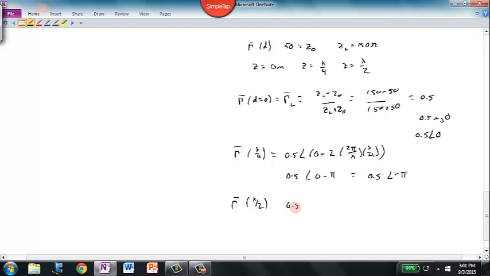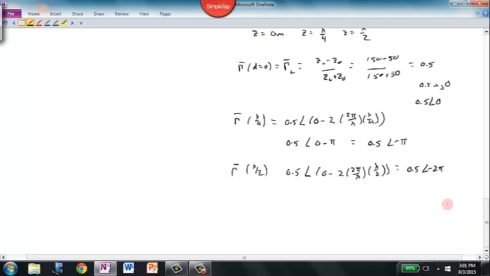That's going to be 0.5 at an angle of 0 minus 2 times 2 pi over lambda, which is just beta, times our distance, lambda over 2 in this case. And so that's equal to 0.5 at an angle of minus 2 pi, which is just equal to 0.5. And so at a distance of lambda over 2 back from the load, the reflection coefficient has returned to its initial value.